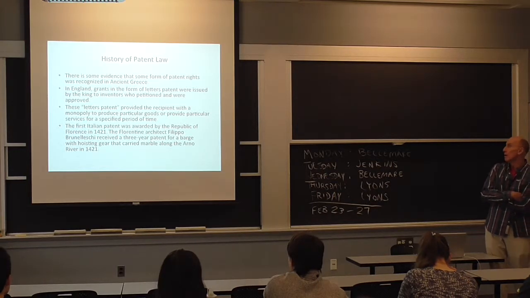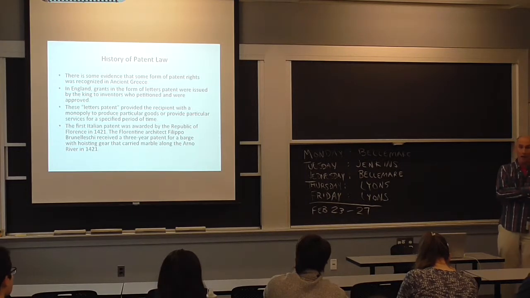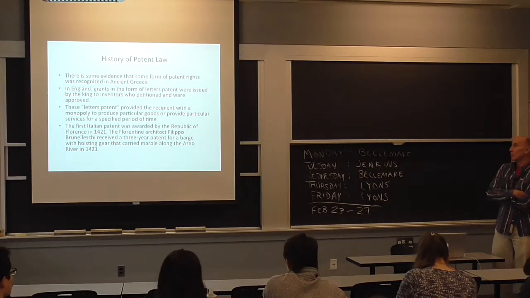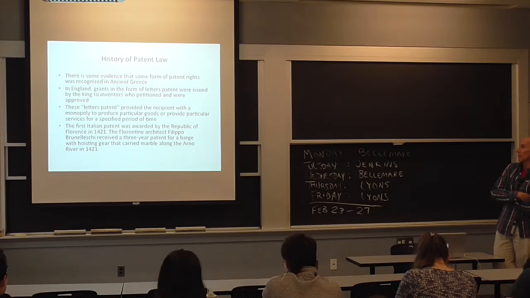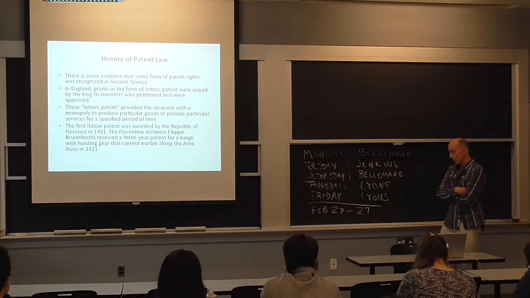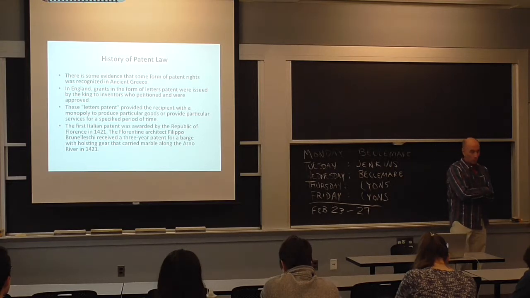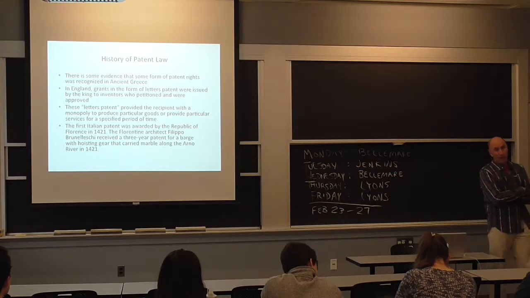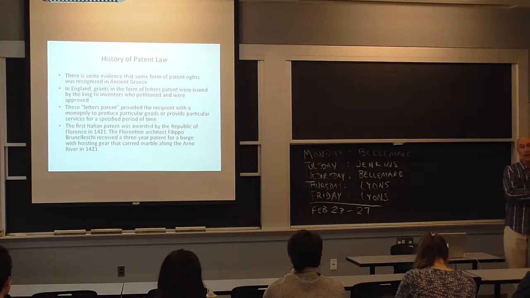These letters patent provided the recipient with a monopoly, by that I mean an absolute monopoly to produce particular goods or provide particular services for a specified period of time. And usually the extent of the monopoly and the length of the time in which those intellectual property rights were conferred to the applicant depended upon how much money you gave to the king.